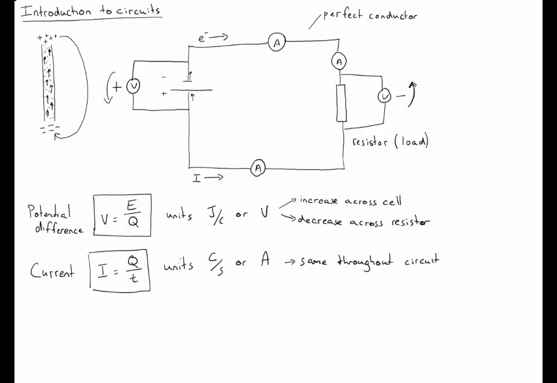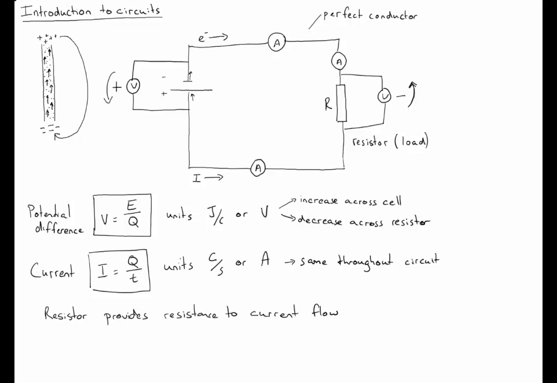The resistor that I've referred to here, which we're going to look at what defines resistance a little bit more in the next video, but a resistor, just by way of introduction, provides resistance to current flow.